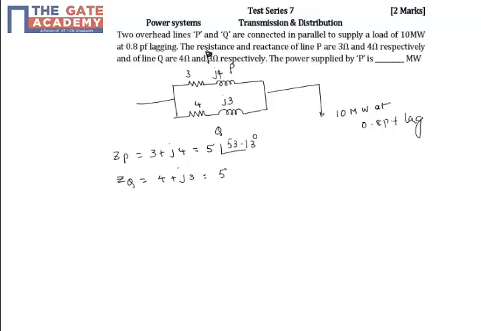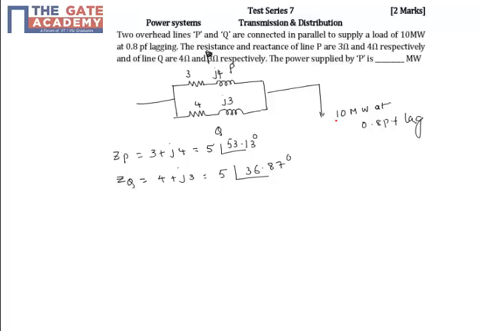The magnitude is same, but the angle is 36.87 degrees. Since these two are connected in parallel, the voltage across these two are same.